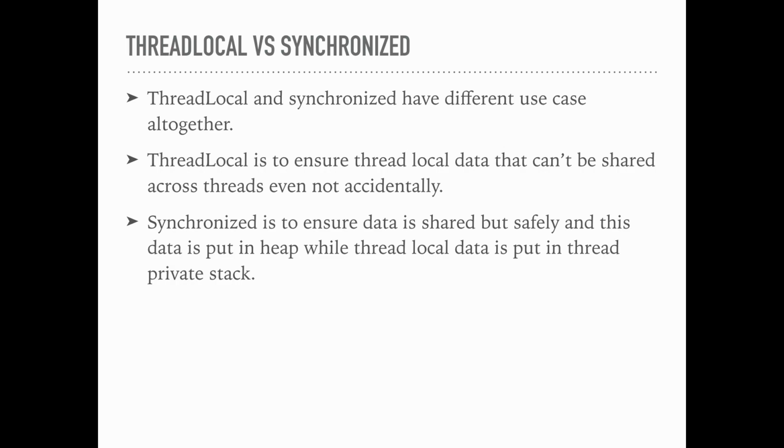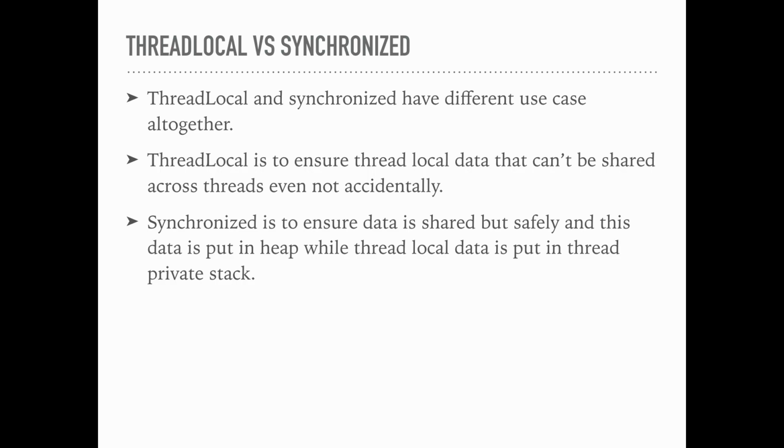and you use a synchronized block when you want to share the data. I will show you an example now of how you can use thread local and why exactly we need thread local, why we can't use normal variables, right? I could create n variables in n threads. So n variables in n threads should do the job, but there are still chances of this data accidentally getting shared.